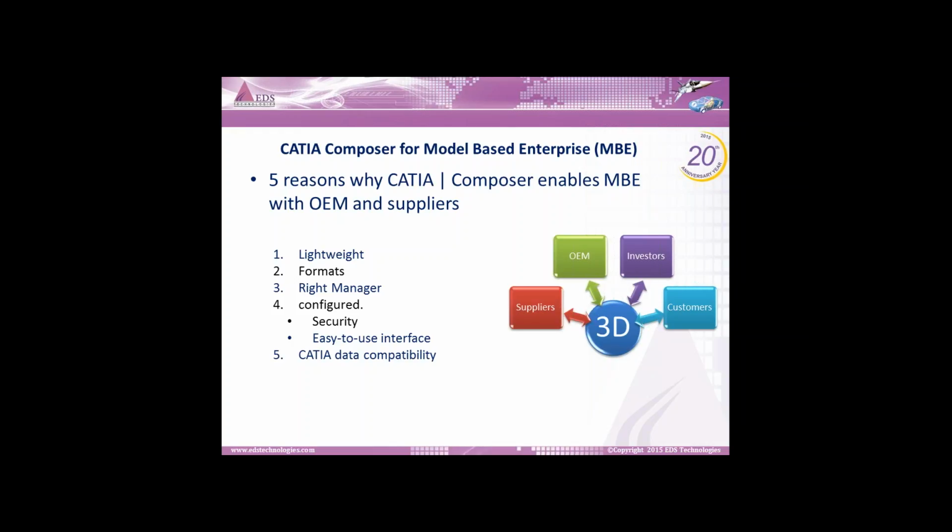And we have a few security settings where we can lock and unlock things, so different audiences can use this, and the user interface is easy. We feel it is very easy. That is the reason I was telling you the learning curve of 3D Composer is very small. And CATIA data compatibility is very good and very high.